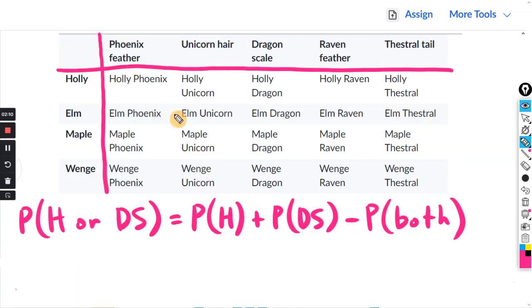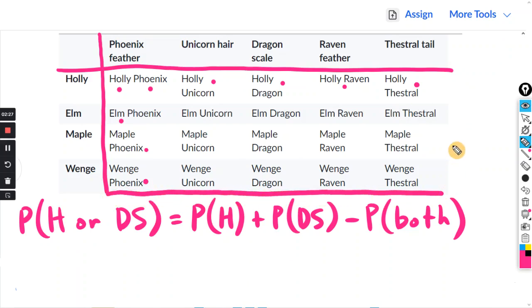Let's count how many. 1, 2, 3, 4, 5, and then vertically 1, 2, 3, 4. 5 times 4 is 20. So this chart in total has 20 options. That's going to be in the denominator.